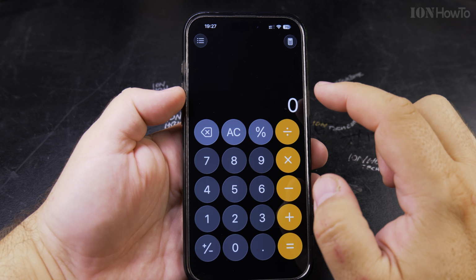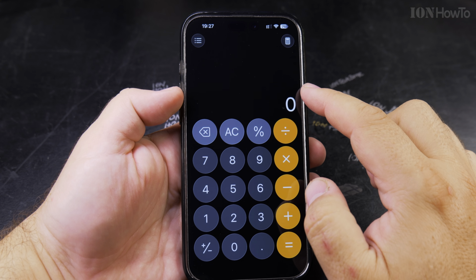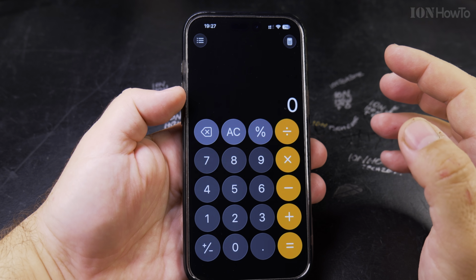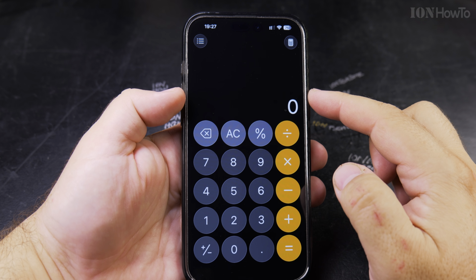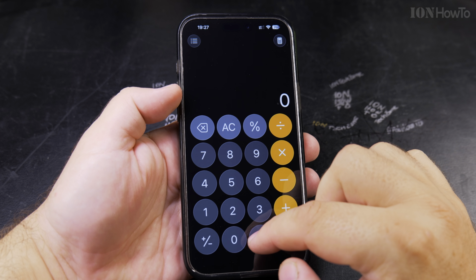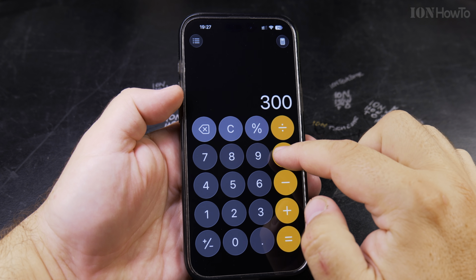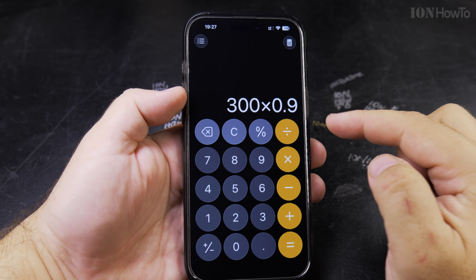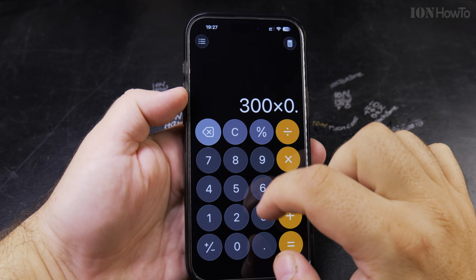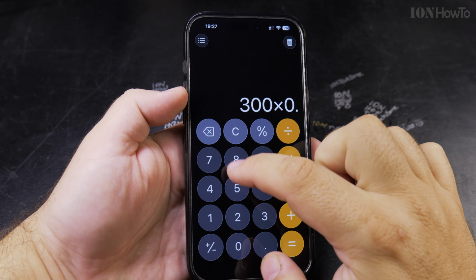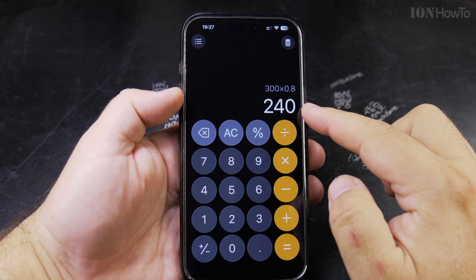And I can also deduct 20% from 300 by, you guessed it, removing 20% from 1. So I have here 300 multiplied by 0.9. I put 0.9, actually 0.8 for 20%. 0.8, and this is 240.